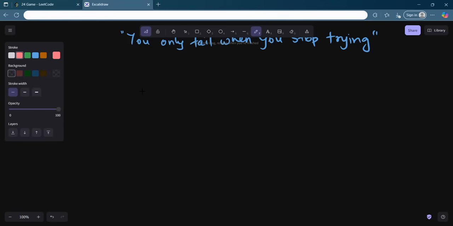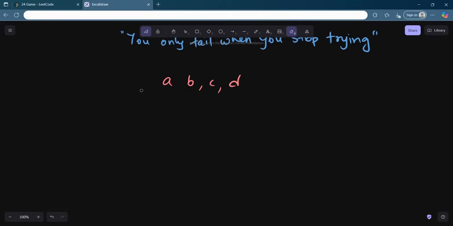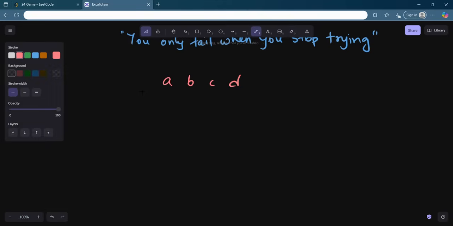So what we have is 4 numbers given at first, a, b, c, d, and you are performing operations between them. So you place these 4 numbers side by side. What you can do is choose any two numbers which are side by side and perform an operation between them.